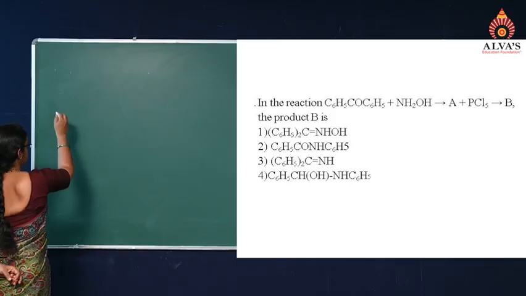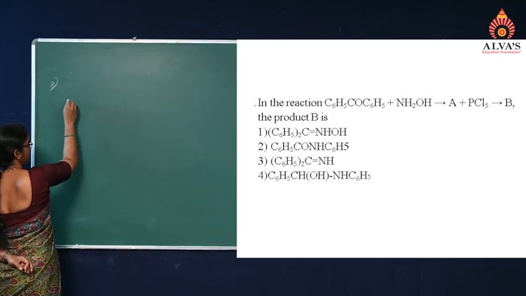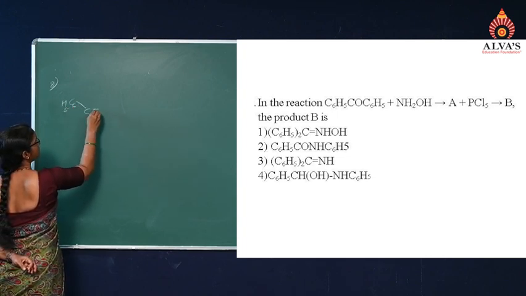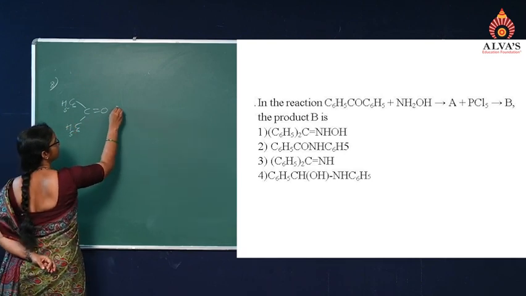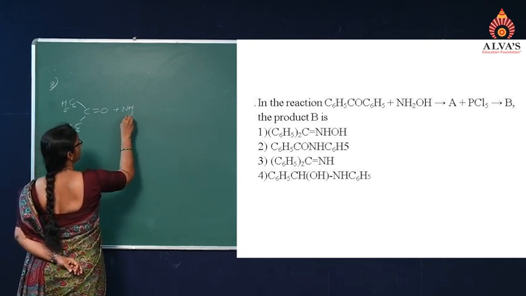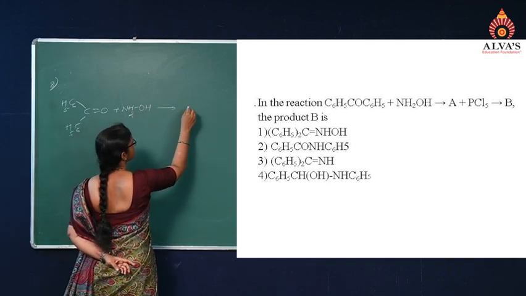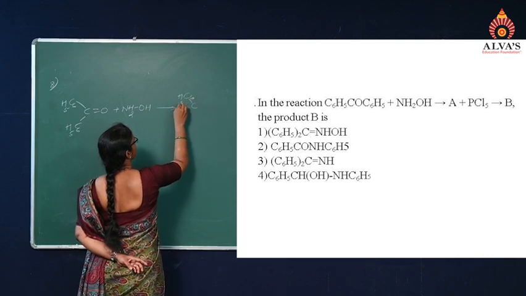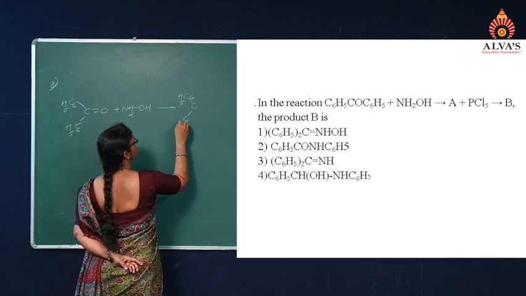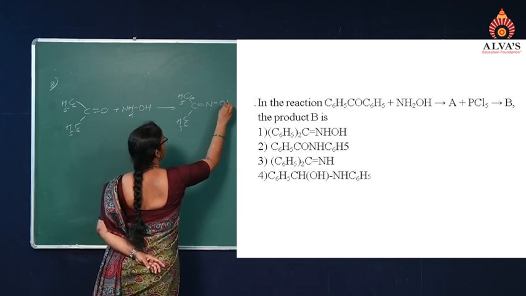In the first step, we have C6H5 C=O C6H5 with NH2OH, hydroxylamine. The first step that we know is it is going to give us an oxime, C=NOH.